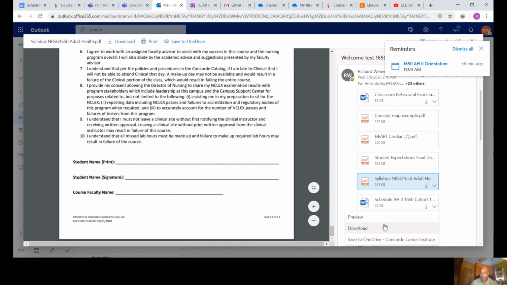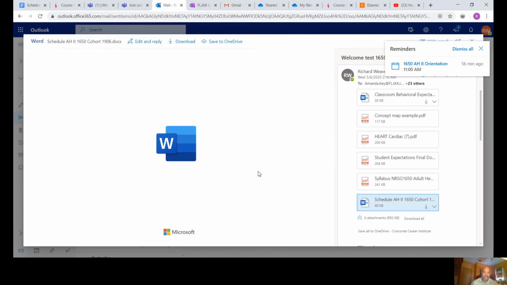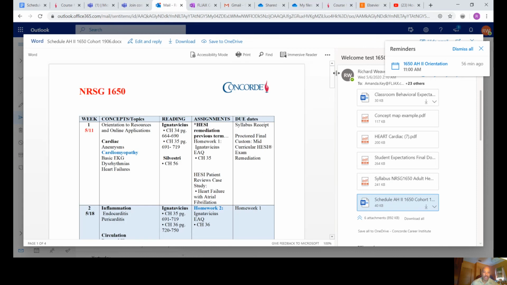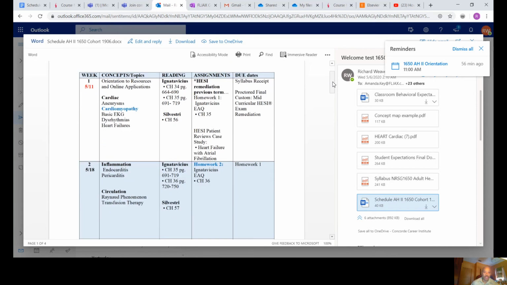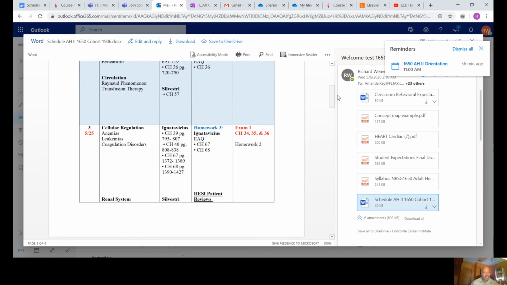And of course, this is that embedded schedule that I sent you already and that we've already gone over. I don't want people coming to me and saying, what is the first exam chapters? I don't want you to ask me that question when you have the information right here. So I want you guys to be as independent as possible.